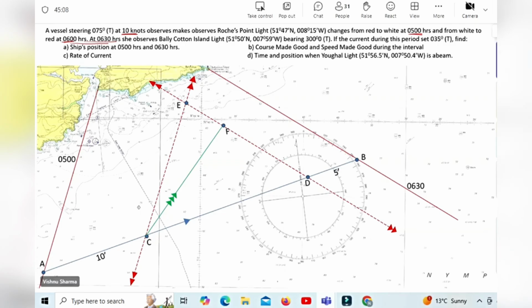So we have to draw this current between the transferred PLs from C, and that takes us to point F. So A, then B, then C, then D, then E, and now F. Is that clear, guys?